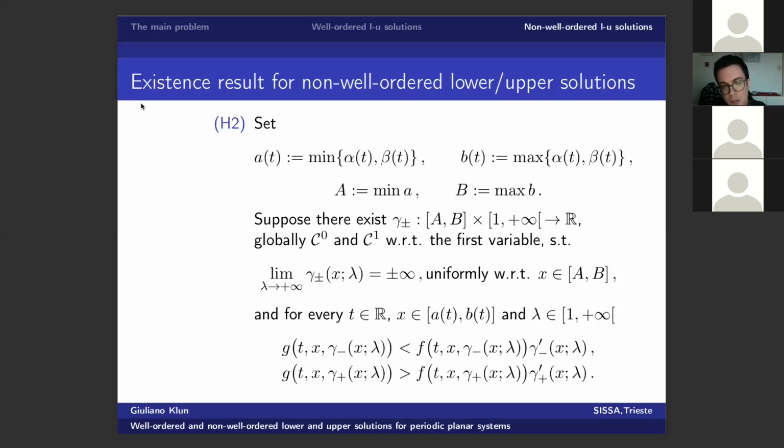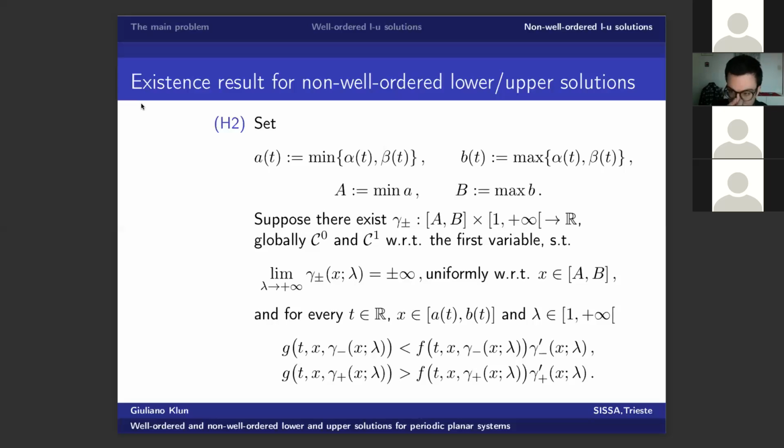But here, it is not sufficient to request this inequality to be valid for every x in alpha of t, beta of t, because they are not well ordered. So this makes no sense as an interval alpha of t, beta of t. I don't know if alpha of t is greater or less than beta of t.